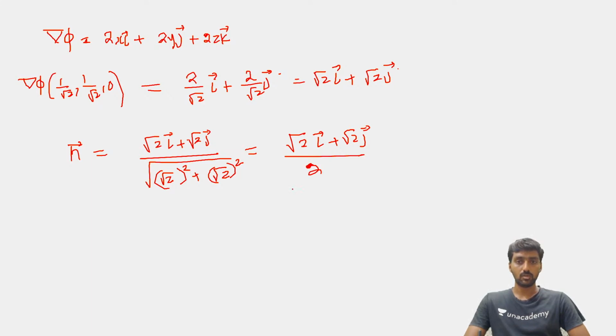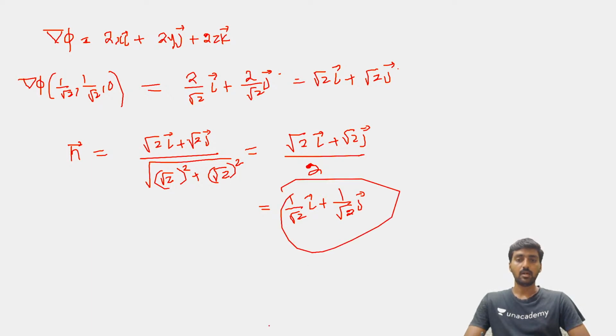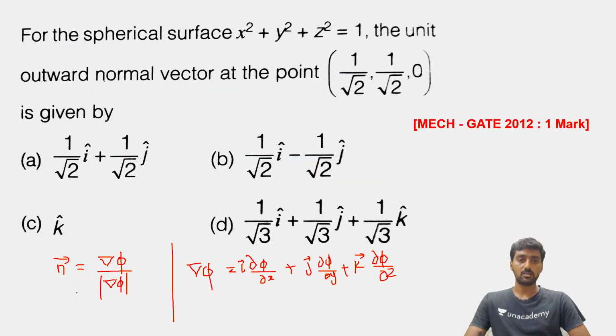Once again, it is 1 divided by root 2 i vector plus 1 divided by root 2 j vector.